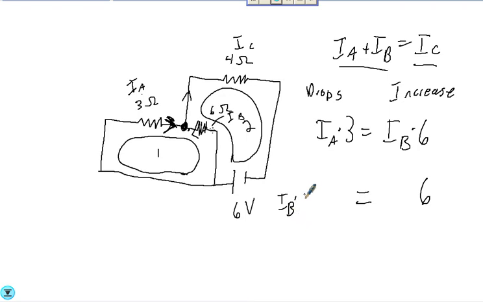And then we continue through the junction, continue along with IC going clockwise with us. So then we go across this 4 ohm resistor, going the same direction that IC is going. So that's also going to be a voltage drop, so we put it on the same side with my other drops.